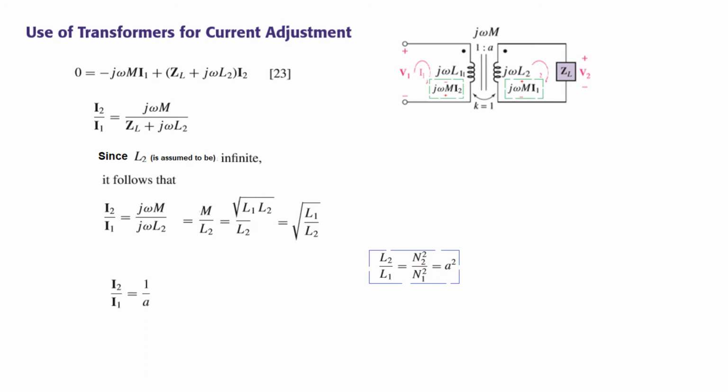So from here we can write I2 over I1 is equal to 1 over A, because the square root of L2 over L1 will be just A, and when you invert this to get L1 over L2, it will become 1 over A. So I2 over I1 will actually become 1 over A.